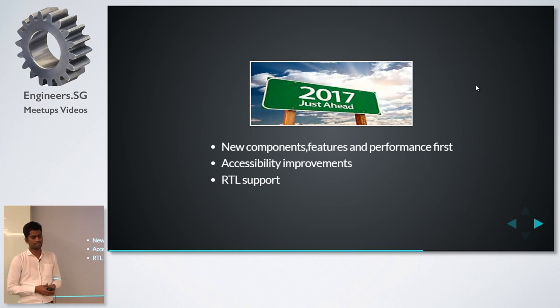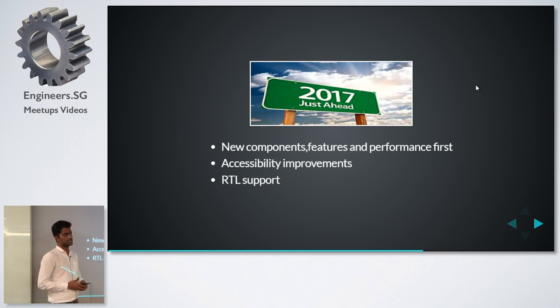What next in 2017? Already we have 80 plus components. The next plan for 2017 is creating new components like spreadsheet, color picker, and timeline. There are some other components also planned, and more focus is on performance.